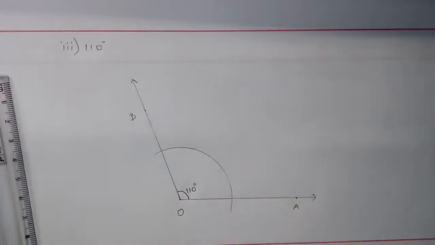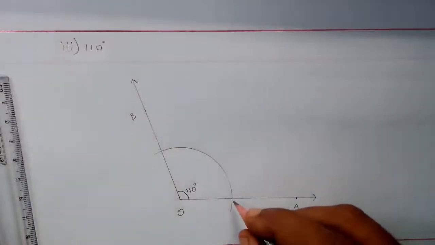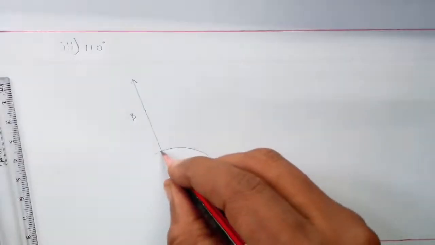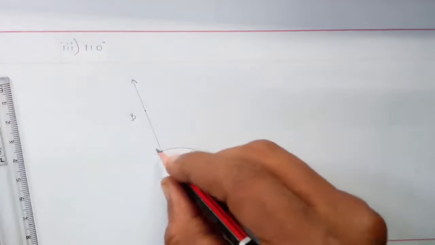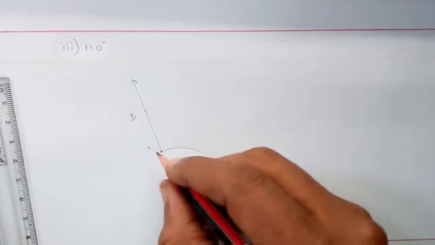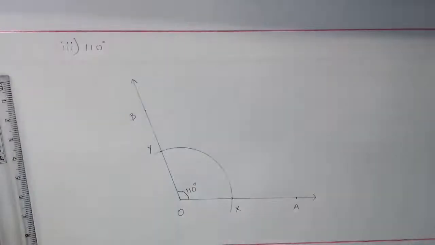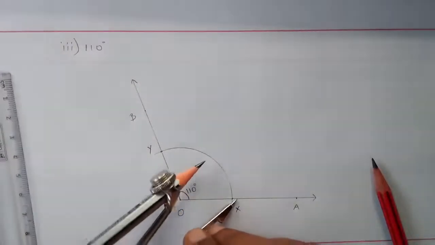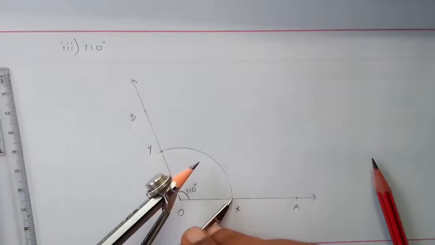It has cut rays OA and OB. So we can name this point as X and this point as Y, capital letters. Then the length should be more than half of XY. So the length is more than half only.